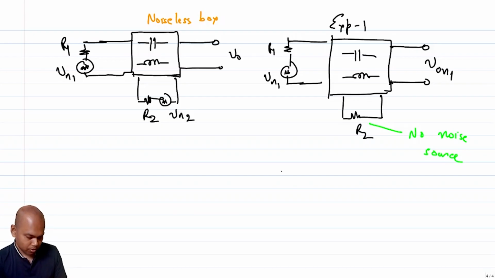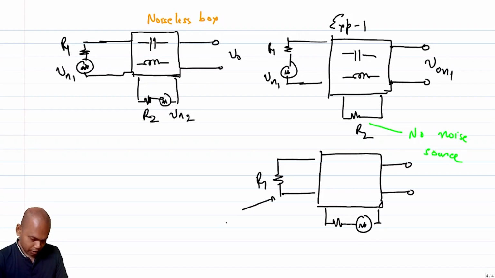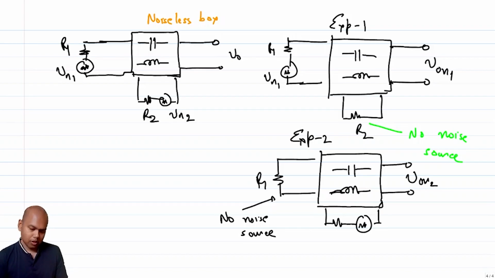In experiment 2, I'm going to desensitize the noise from R1 and have the noise from R2. Here no noise source. This is experiment 2.